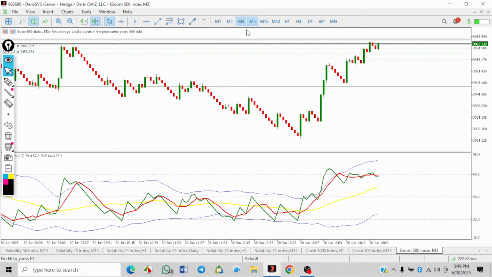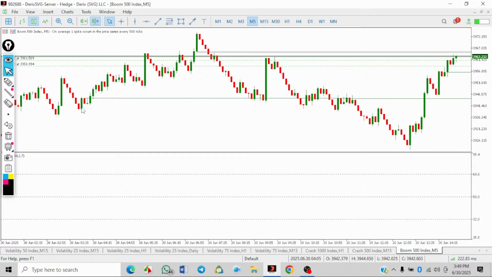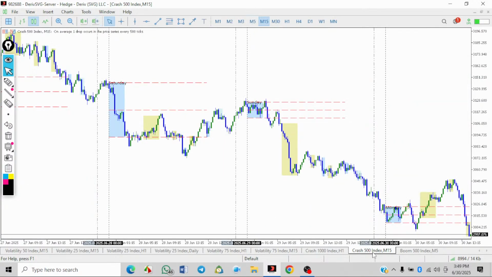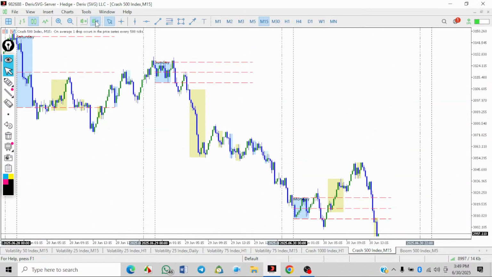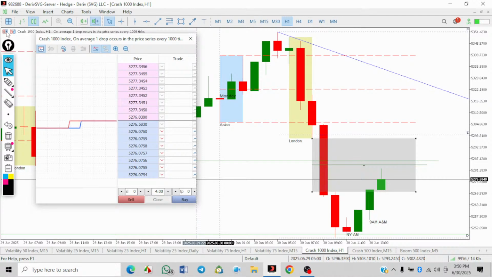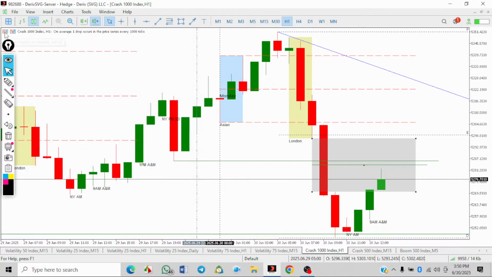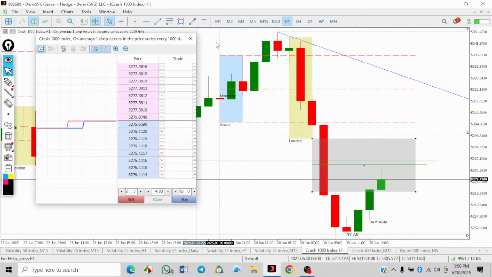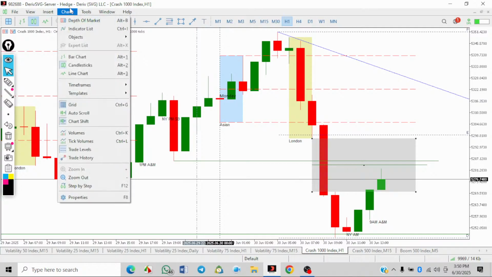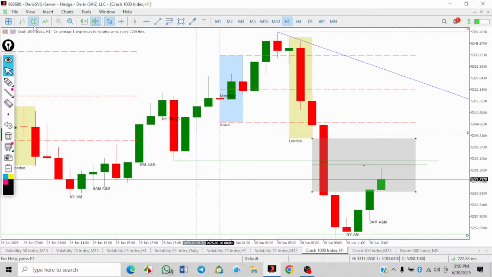I'm just checking my indicator. So Crash 500. Crash 1000 is what we are looking at, so I can have a sell limit for that. I want to put a sell limit there.